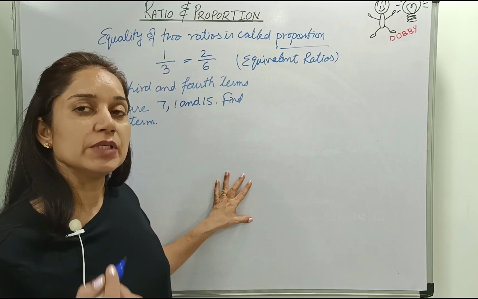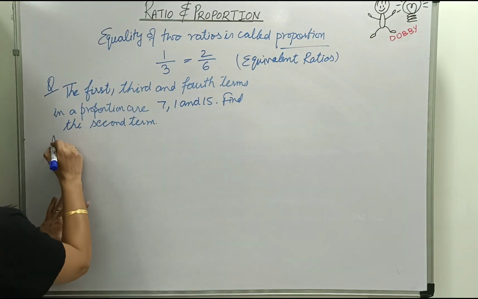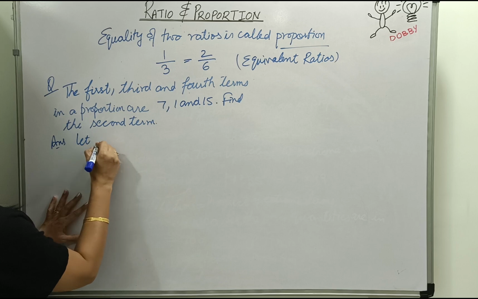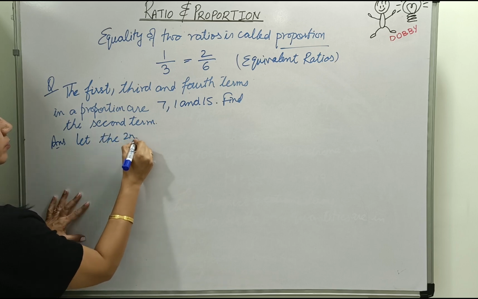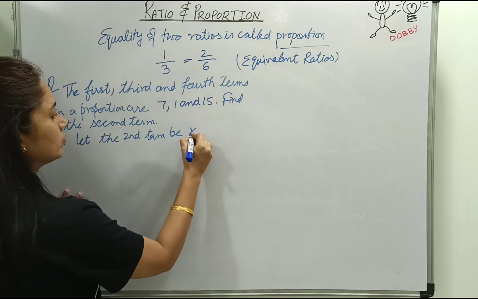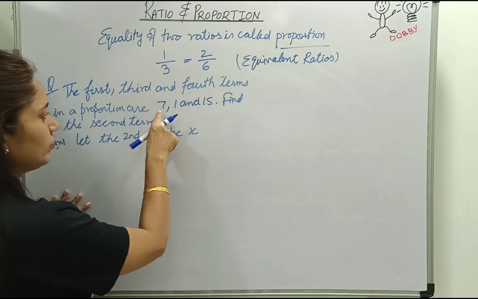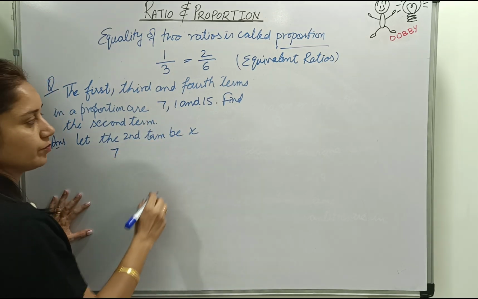Let the missing number be x. So here the second term we have to find. So let the second term be x. Okay. Now we are going to write it in the proportion form. First term 7.